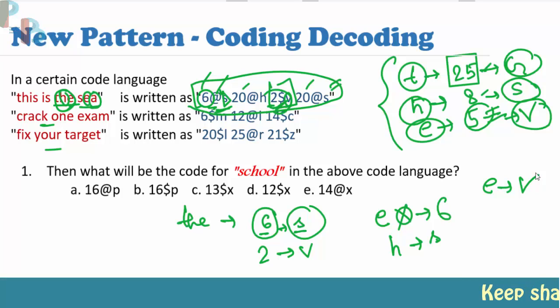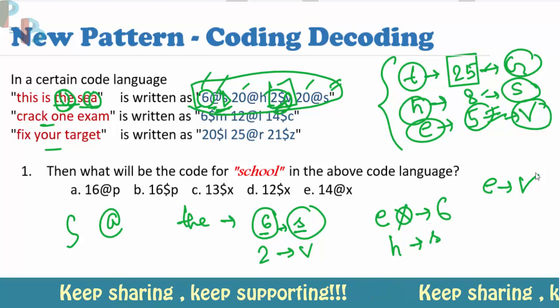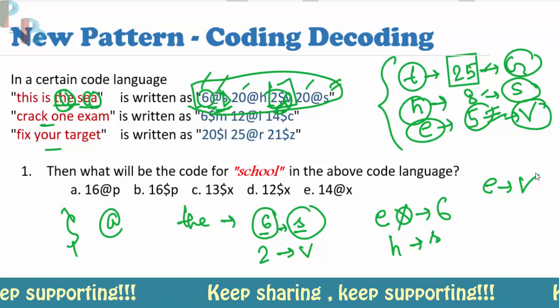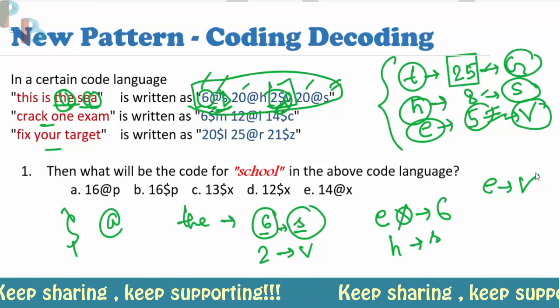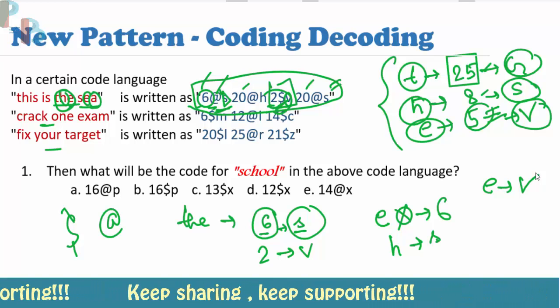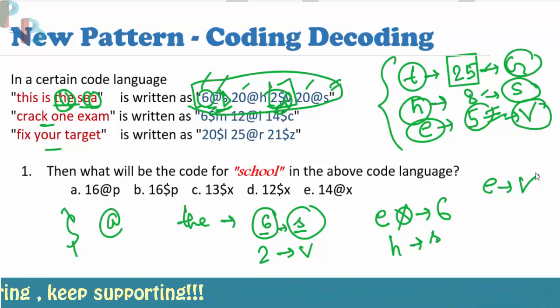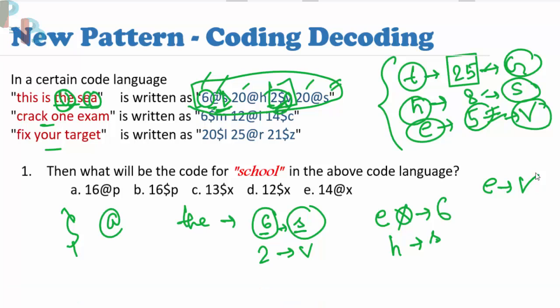Now we are left with the at the rate sign and the dollar sign. So in maximum cases you can distinguish at the rate and dollar by calculating the number of vowels or the number of letters in the word. Now if we are considering THE, it has 3 letters in it and SEAC has letters too.